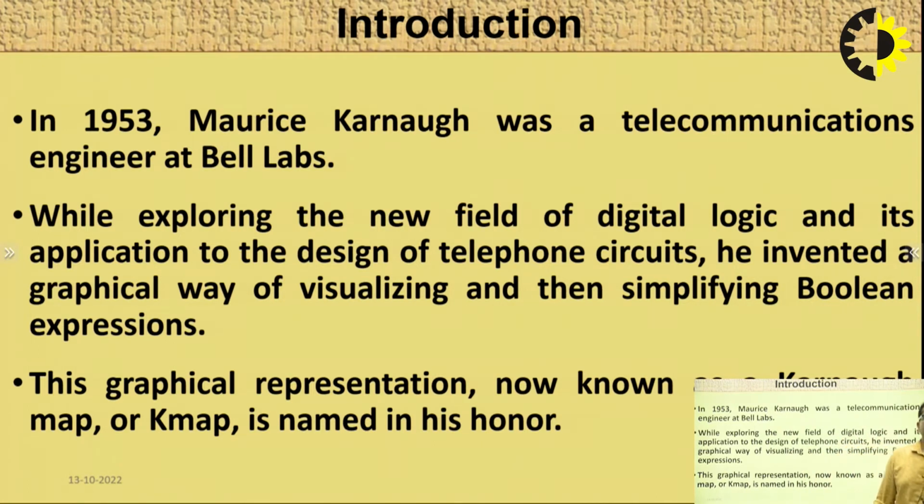So in this, first of all we will see why we are using K-map. The basic need of using a K-map is that sometimes we are solving Boolean expressions or complex Boolean functions, and it has been asked to simplify or to get the reduced form of a Boolean expression. Then we basically apply different kinds of Boolean rules, and as per that we get the reduced form of the Boolean expressions.